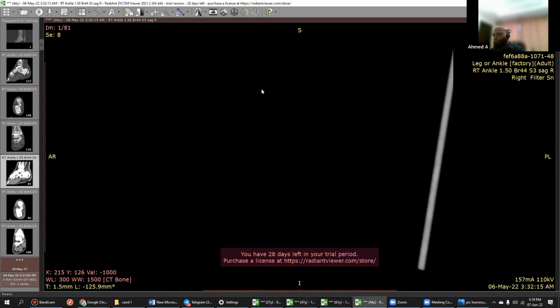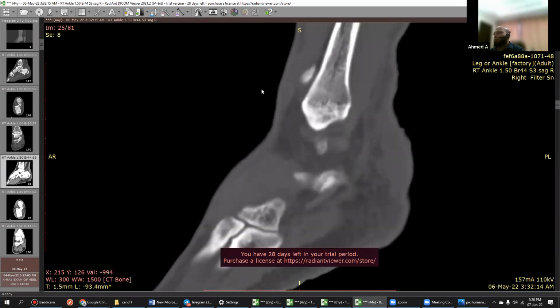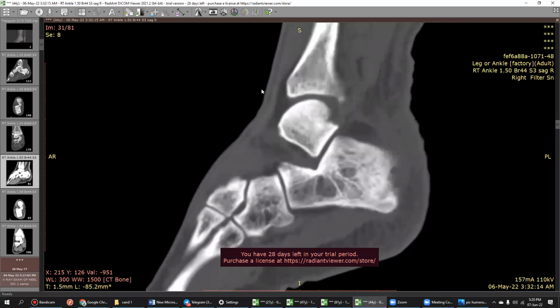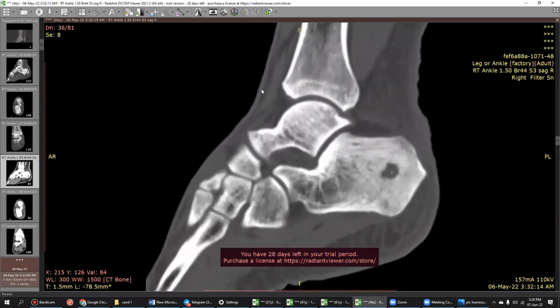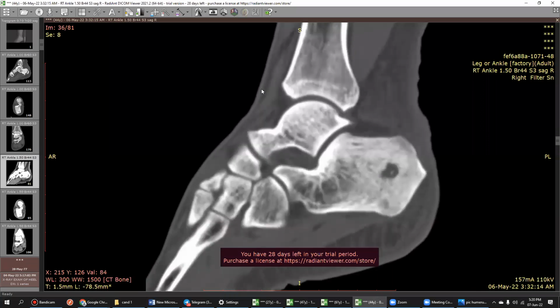Scroll this one. Okay, I'm just going down. So these are CT images. There is a rounded lytic lesion which has hyperdense content with surrounding sclerosis.